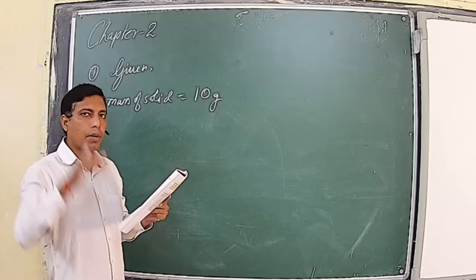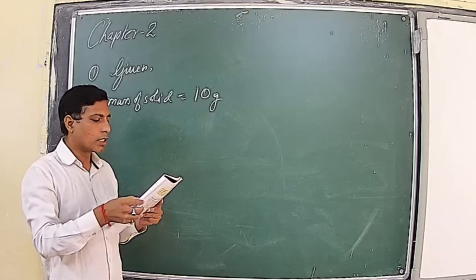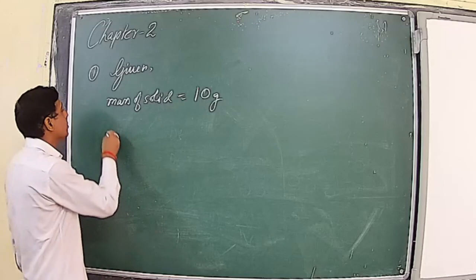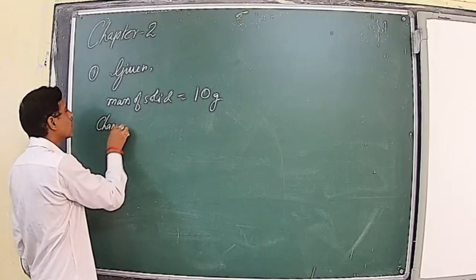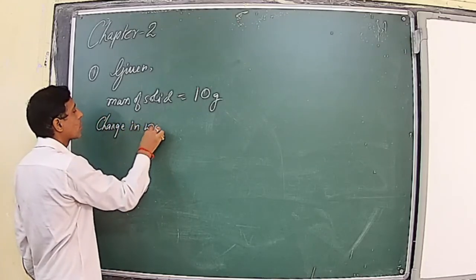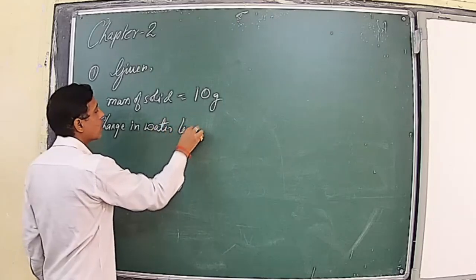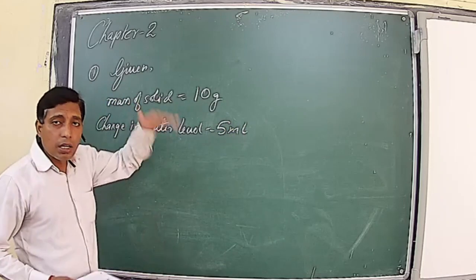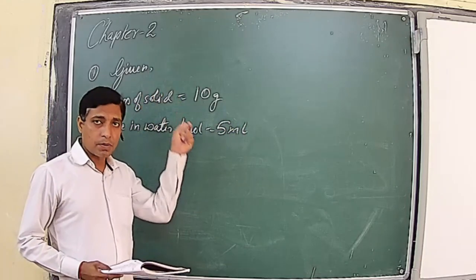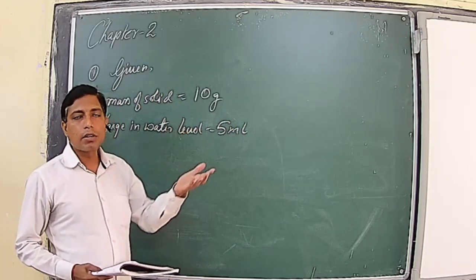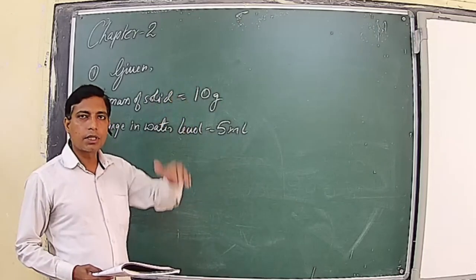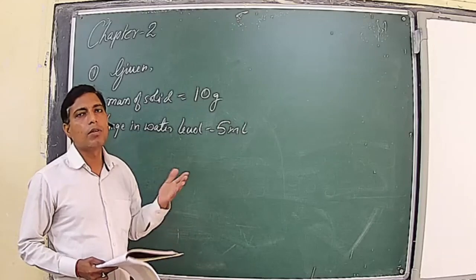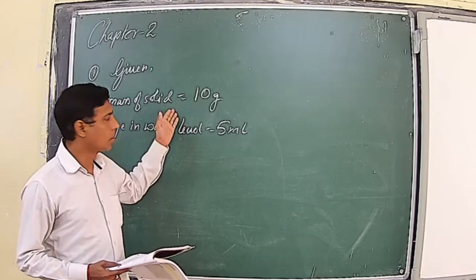Then when it is completely immersed in water, the water level rises by 5 ml. So the change in water level is given as 5 ml. When it is completely immersed, we have learned the displacement method: when an irregular shaped solid is completely submerged, whatever is the change in the level of the water, or change in the volume of the liquid, will be equal to the volume of the solid.